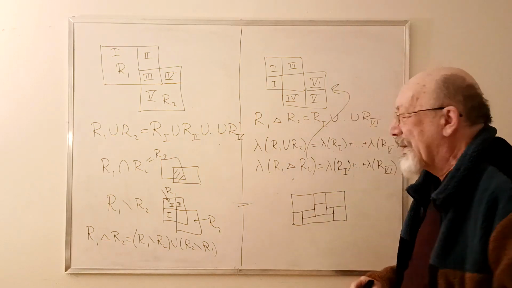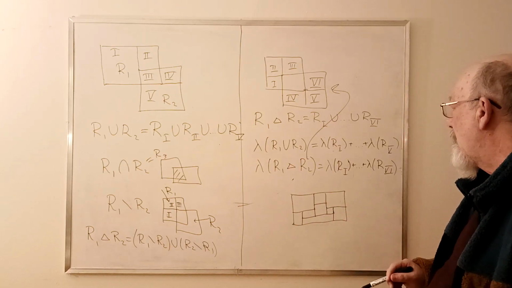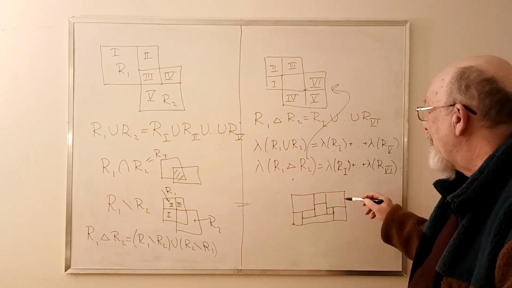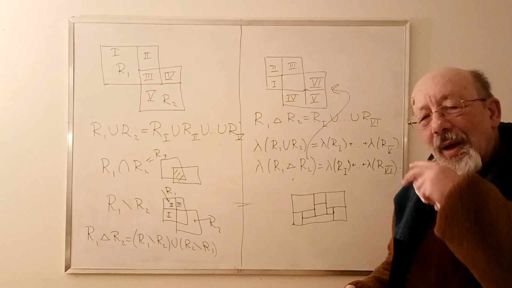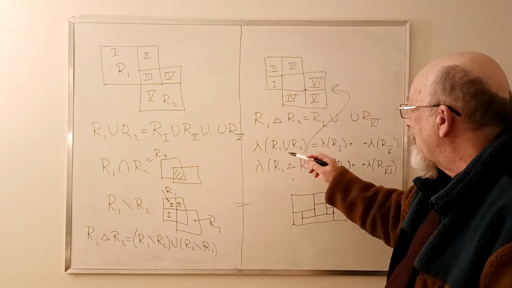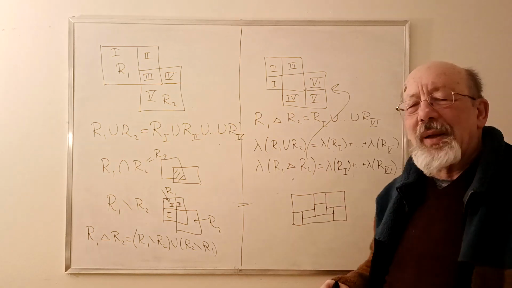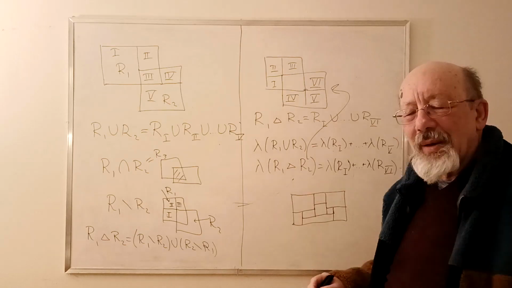This is, for example, some division. And we have to make sure that after every such subdivision of, say, one rectangle, the sum of the measures lambda of the constituent smaller rectangles equals the measure of the whole rectangle.